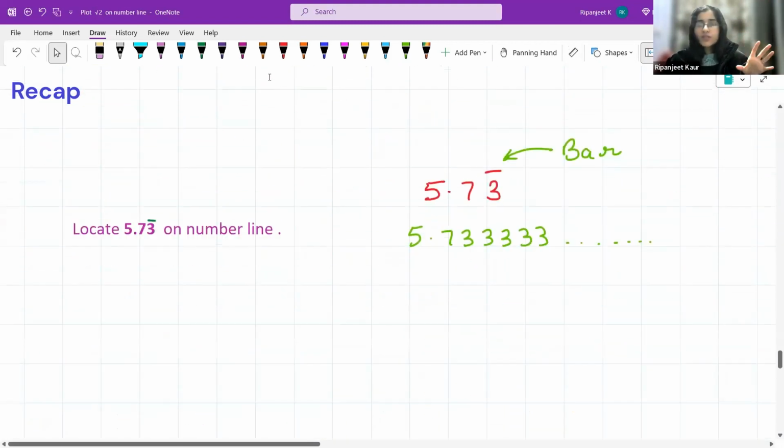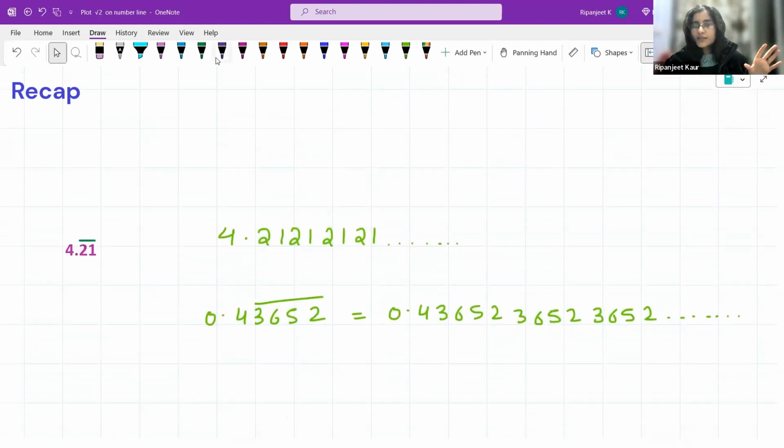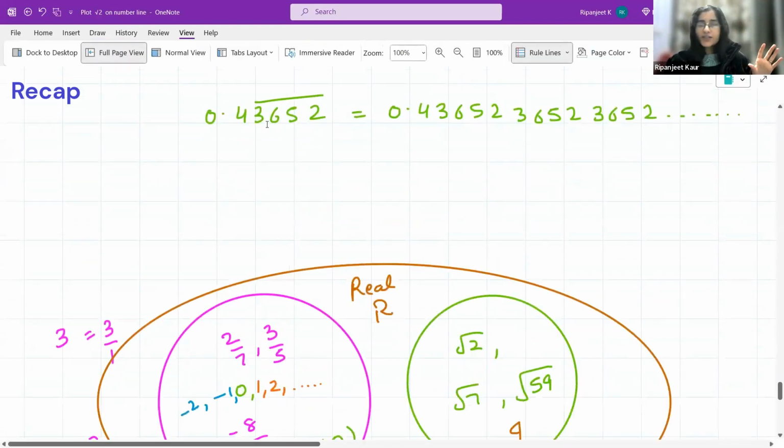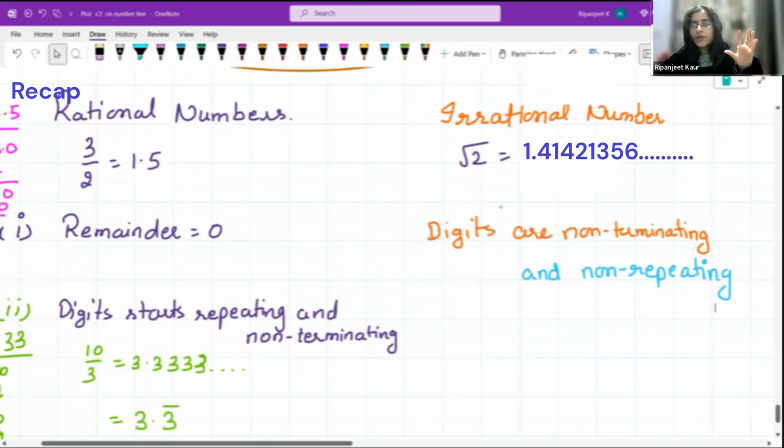And then what is a bar? Why are we using it? If the bar is like this, how can we use it? Great, right? And after this, the real numbers are either rational or irrational. How do we know which? Two ways. Remainder is 0, or digits are repeating and non-terminating: rational. And if digits are neither repeating nor terminating: irrational. So this is all that we have done.